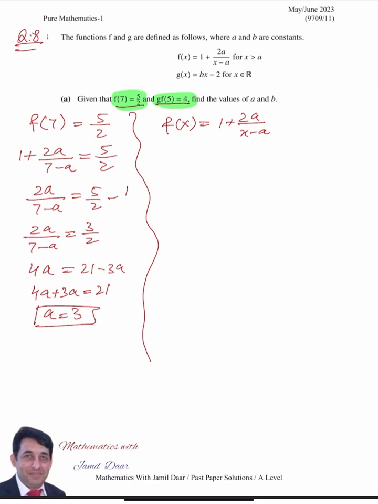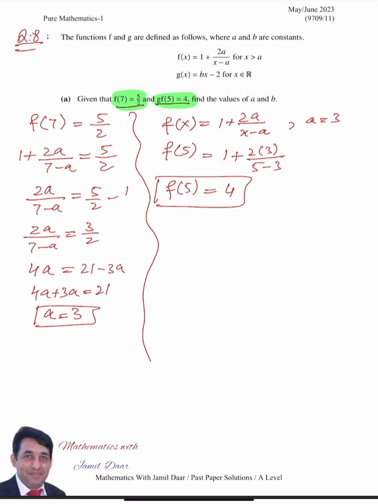So we'll substitute the value of a, that is 3. So 1 plus 2 into 3 over 5 minus 3. That will become f of 5 is equal to 1 plus 6 over 2, that is 3, and that will become 4. So you got f of 5 is equal to 4.